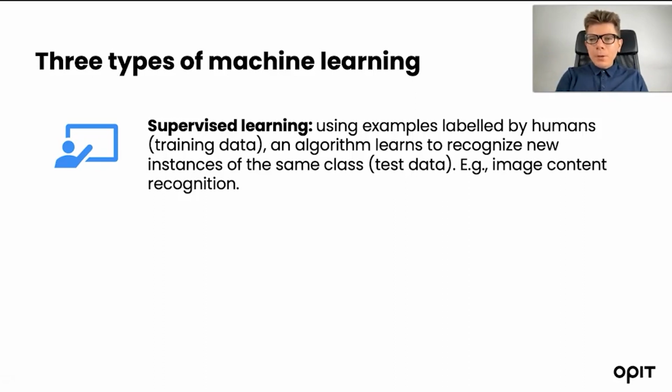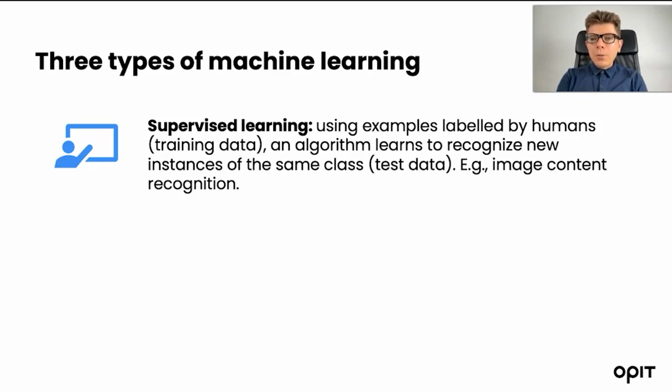And one example of such an algorithm could be image content recognition. We show to the algorithm examples of some images, let's say cats and dogs, and the model is trained, which is able then to recognize which of the types of images it sees.